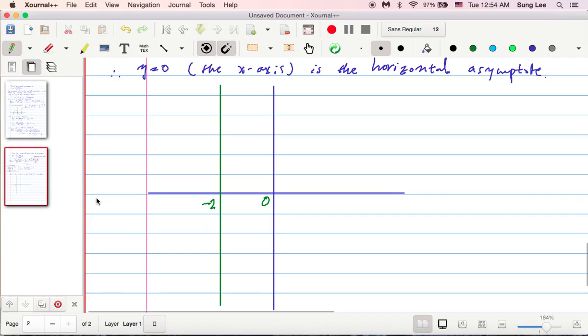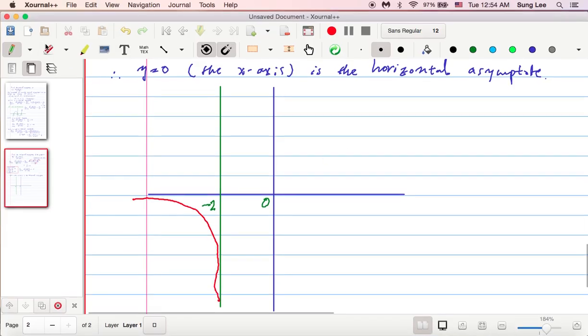As x gets larger and larger in the negative direction, the graph gets closer to the x-axis, and when x approaches -2 from the left side, it becomes negative infinity. So the graph goes like this. Briefly speaking, yeah. Oh no, that's terrible.